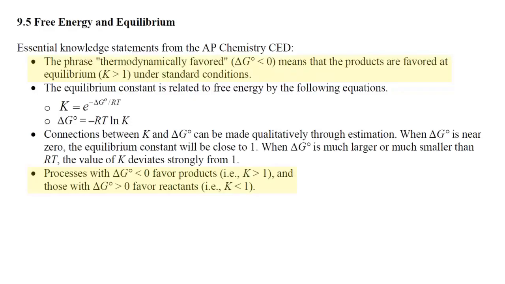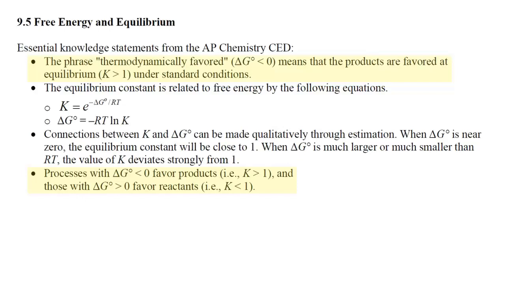So the first highlighted essential knowledge statement says, the phrase thermodynamically favored, in which the sign of delta G is negative, means that the products are favored at equilibrium, in which the value of the equilibrium constant K is greater than 1 under standard conditions.